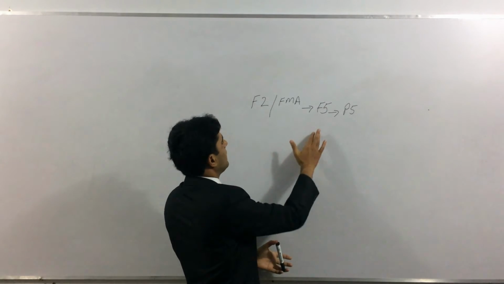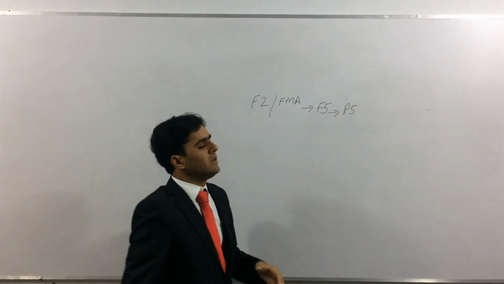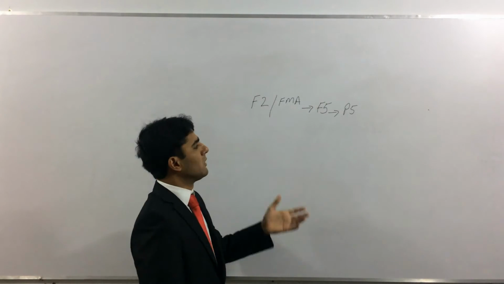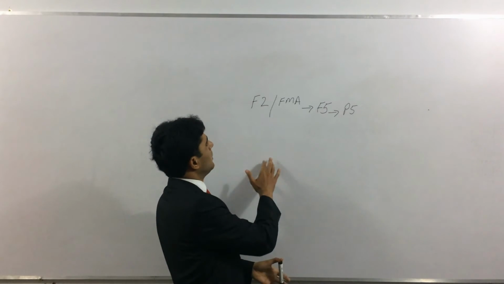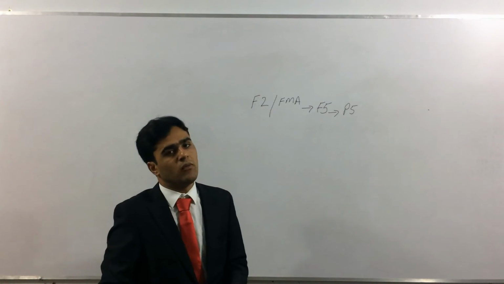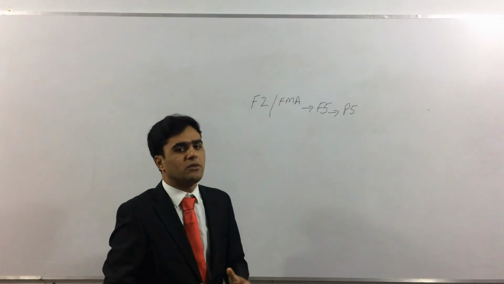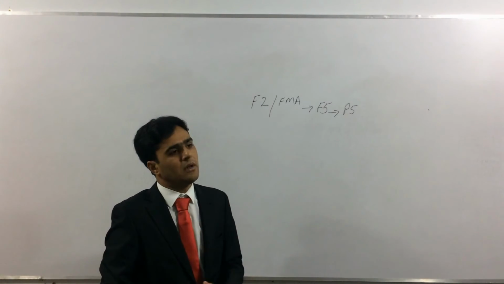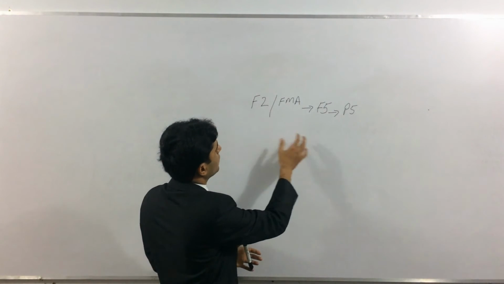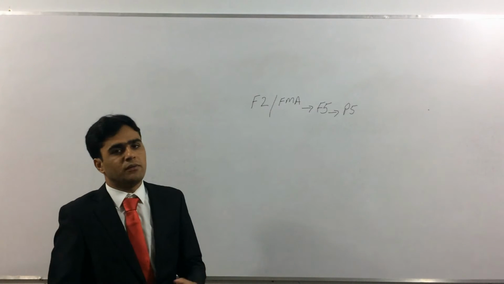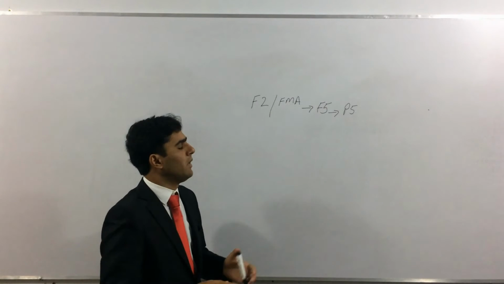But F5 is a skills level exam, and most of the students, although they can pass F2 easily, struggle to pass F5 because they have not studied well at F2. They were not concentrating well in F2, so they struggle in the F5 exam. So that's why this lecture and this exam itself is very, very crucial to help you pass not only F2 but F5 as well. The stronger you are in F2, the less hard work you will have to do in F5.